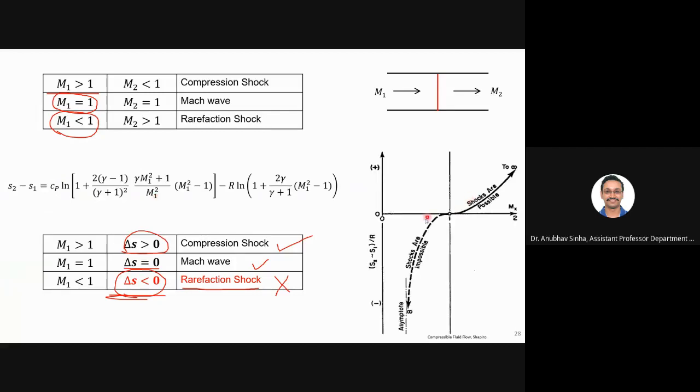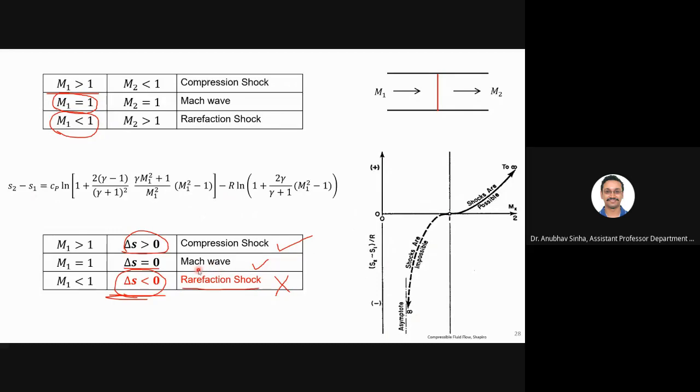The x-axis shows the Mach number and the y-axis shows delta S by R. We can take the R to the left-hand side. As you can see, delta S is positive for Mach number more than 1, so shock is possible. This line is for Mach number 1. Beyond this, shock is possible. Exactly at M equal to 1, the wave is still possible, a limiting case of reversible flow.